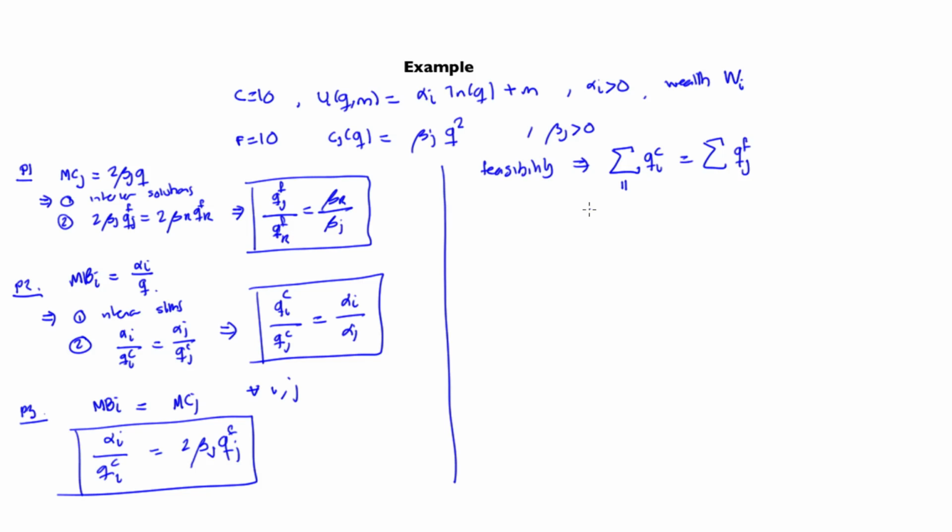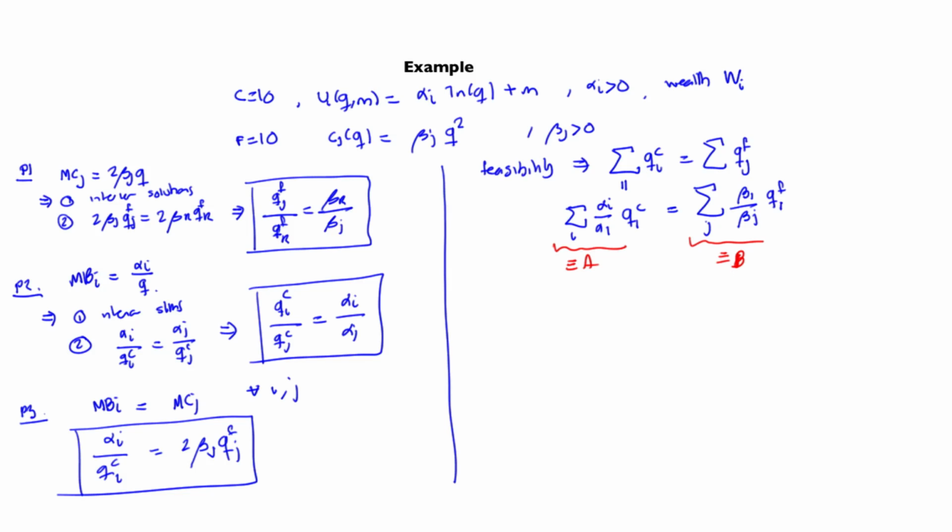So this is equal to the sum over consumers of alpha_i divided by alpha_1 times q_1^C, and this is equal to the sum over firms, using the same trick, of beta_1 over beta_j times q_1^F. Now these are just sums of constants that are parameters of the problem, so let me call this A, and let me call this B.